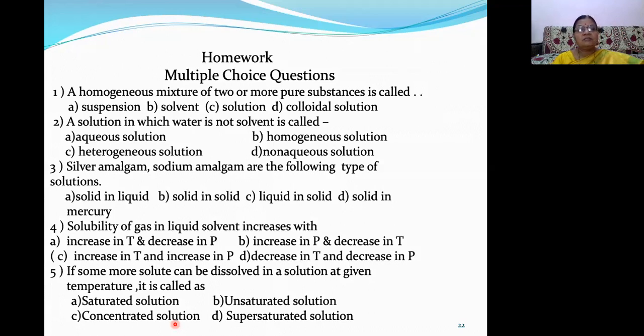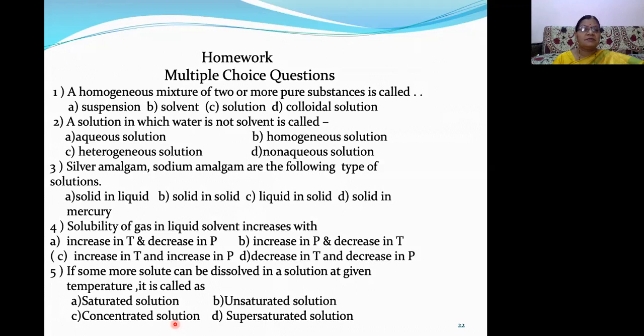A homogeneous mixture of two or more pure substances is called as: the options are suspension, solvent, solution, colloidal solution. A homogeneous mixture of two or more pure substances, that is the definition of solution.